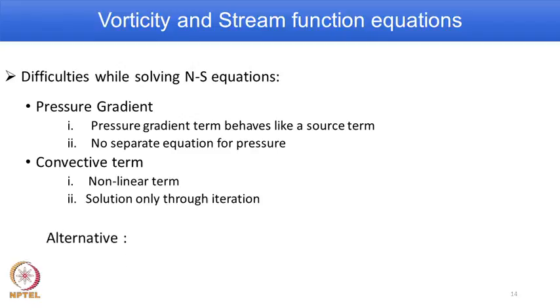So, can we have an alternative to overcome these two main difficulties? If you can eliminate the pressure term, and if you can get an equation where such nonlinear behavior is not appearing. Now, such an alternative approach is what is known as the vorticity stream function formulation.